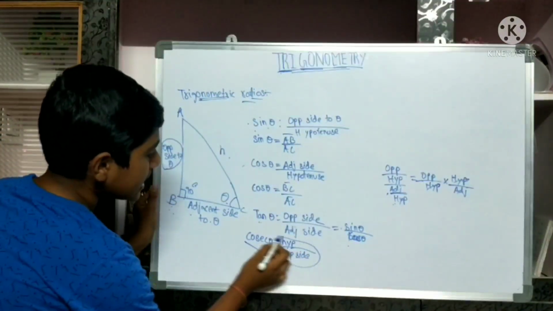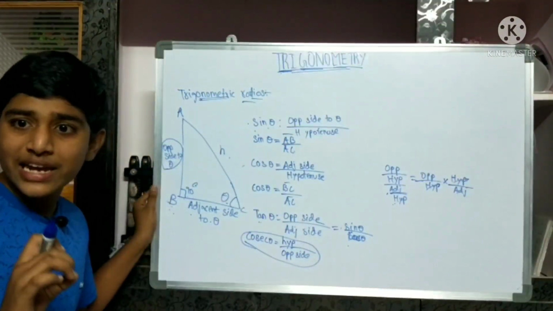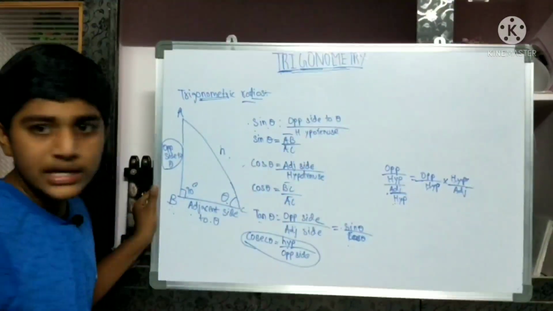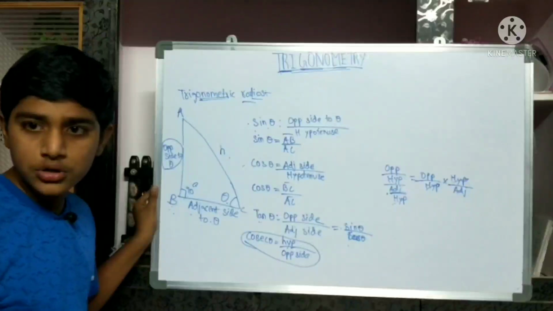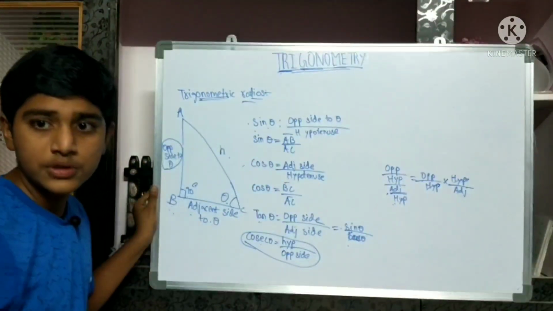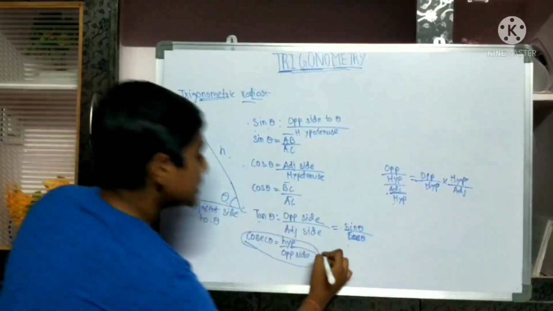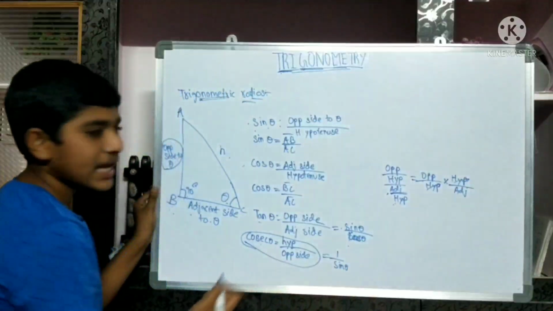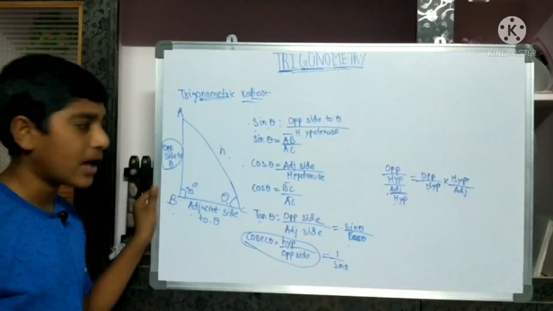So cosecant theta in terms of sine, how can we write it? We know the value of sin theta is opposite by hypotenuse. So here cosecant theta is hypotenuse by opposite. That means this is also equal to 1 by sin theta. Cosecant theta is the reciprocal of sin theta.